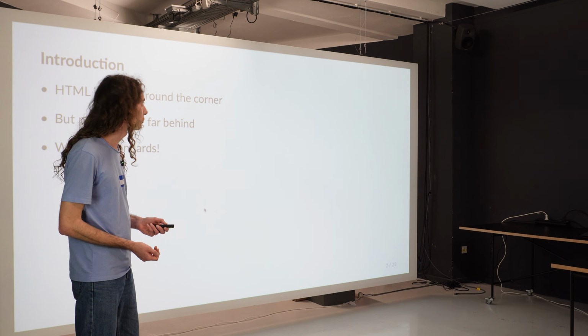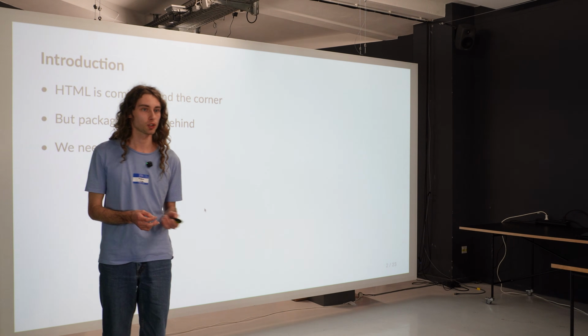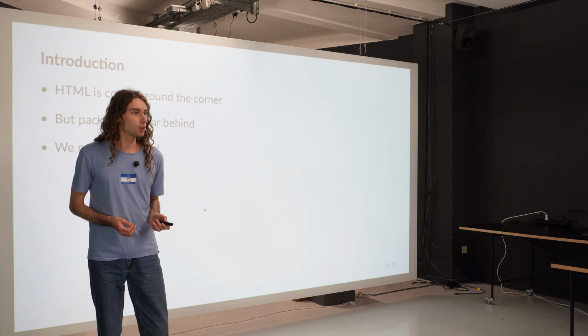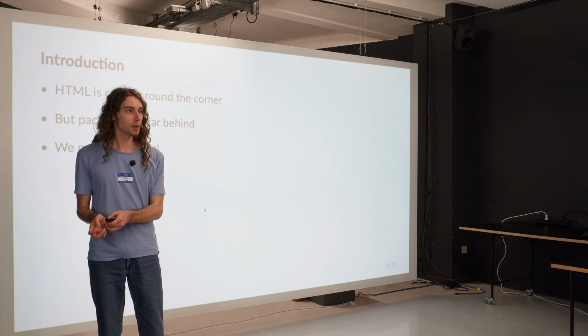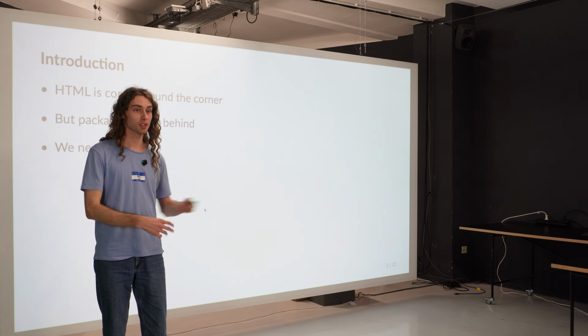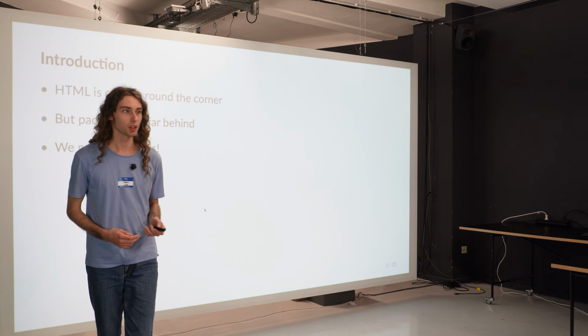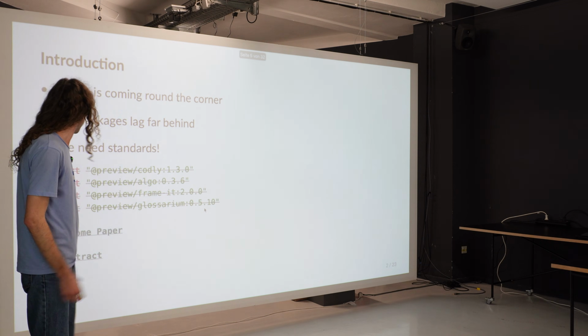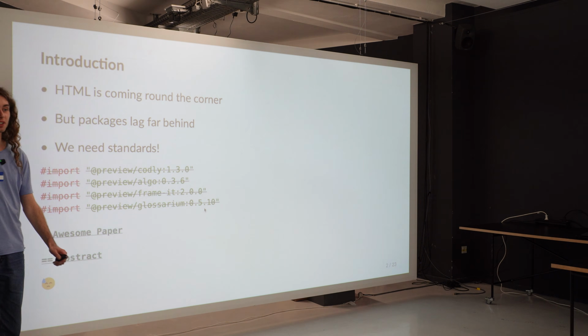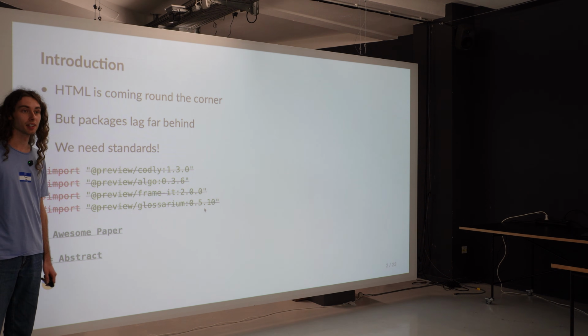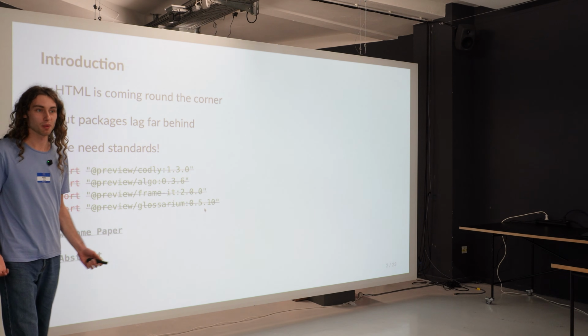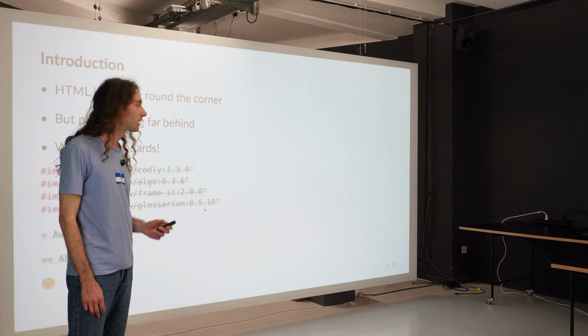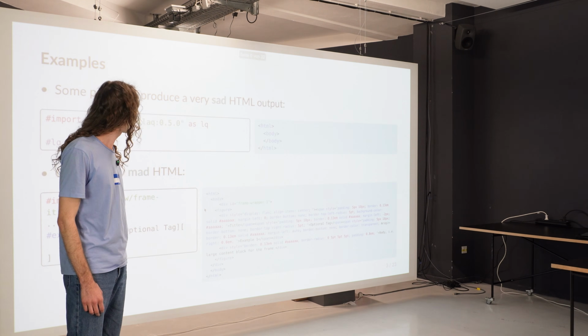If we don't do that now, we'll find ourselves in a situation soon where you could either use HTML export or packages, but not at the same time, because it just won't work. And then you need to basically throw out all your beautiful, nice imports and do everything yourself. And that would be pretty sad, of course.